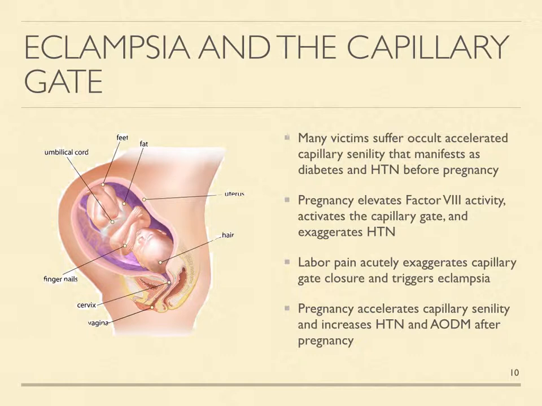The onset of labor pain sharply exaggerates sympathetic tone and activity, closes the capillary gate, and causes the severe hypertension and glucose intolerance that characterize eclampsia. In addition, the stress of pregnancy accelerates capillary senility and exaggerates the incidence and severity of hypertension and diabetes in its aftermath. The next slideshow will discuss the turbulence mechanism, which explains why eclampsia is closely associated with DIC.